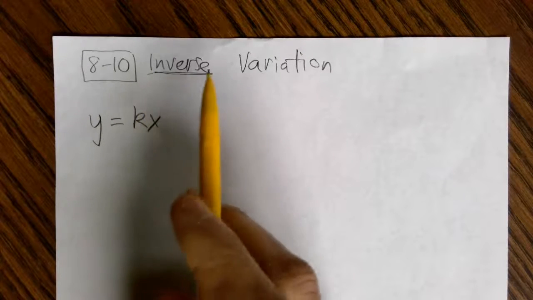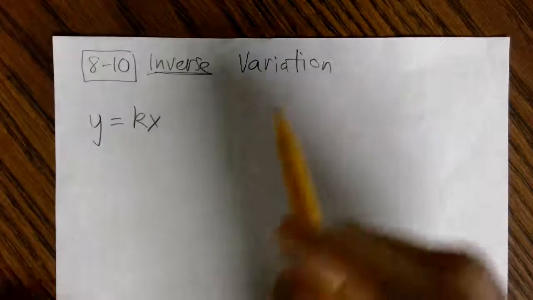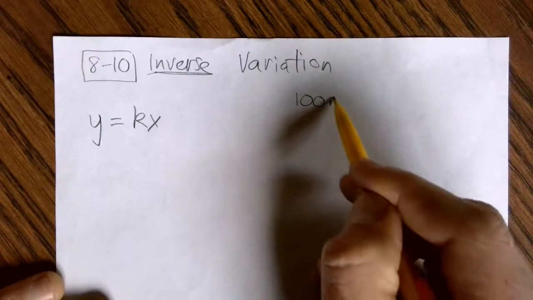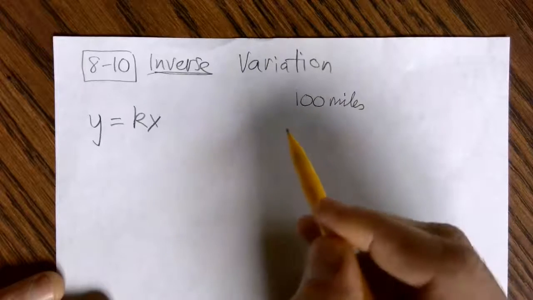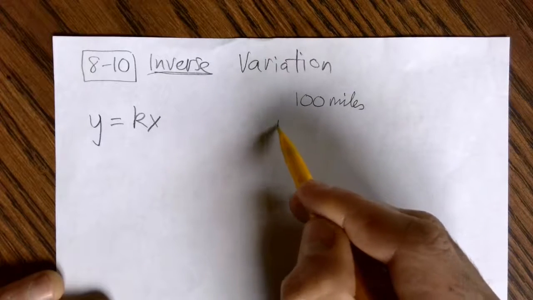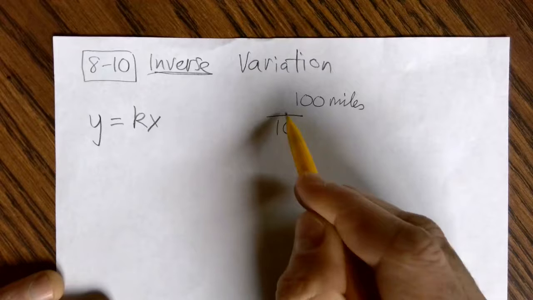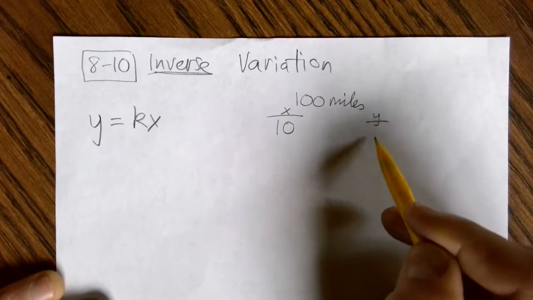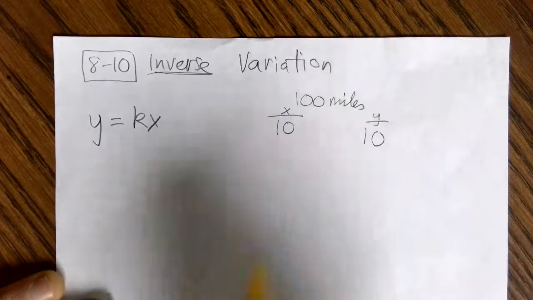Inverse variation is something like this. Suppose I need to go 100 miles. If my speed is 10 miles an hour, then how long will it take me to get there? 10 hours.